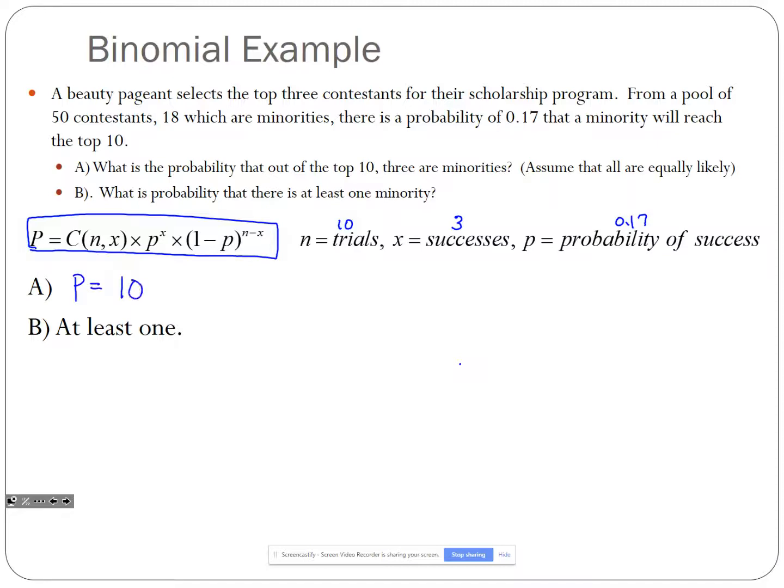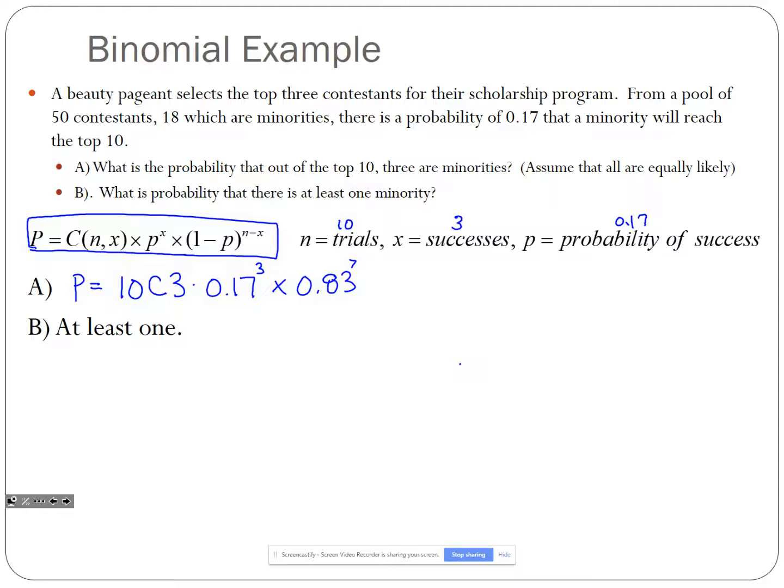We have 10 positions. We're choosing 3. The probability of success is 0.17 raised to the x power, which is 3, times 1 minus p, or the probability of failure, which is 0.83. I just took 1 minus 0.17, got 0.83, raised to the 7th power, or 10 minus 3 is 7.